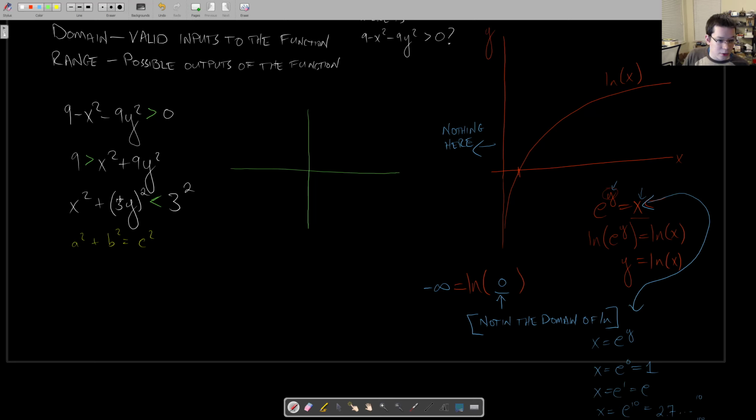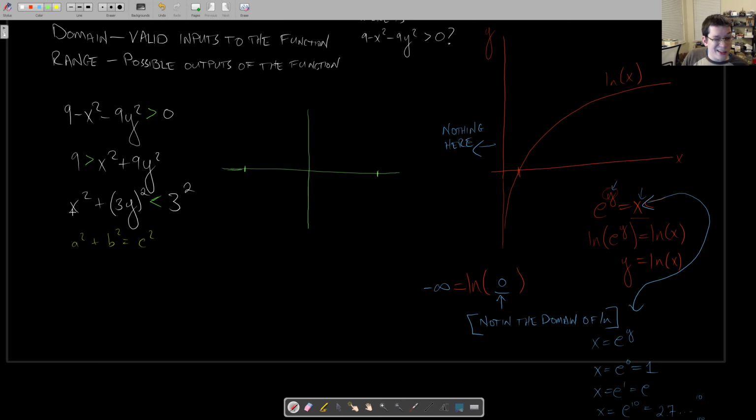If this 3 here was a 1, it would be a perfect circle of radius 3. 9, radius 9. 3, radius 3. But it's not. It's a 3. And so on our x, let's temporarily set y equal to 0, so we'll figure out where we fall here and here.